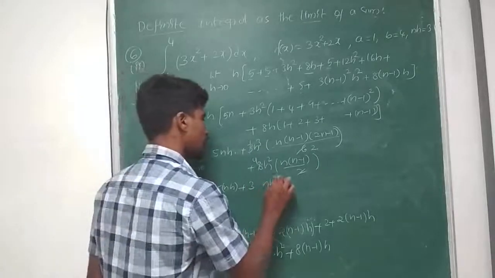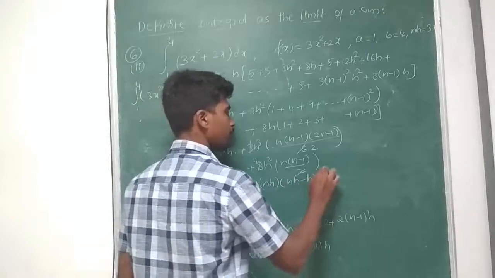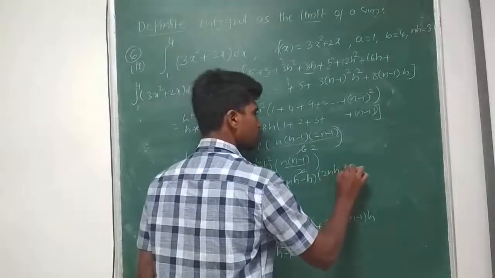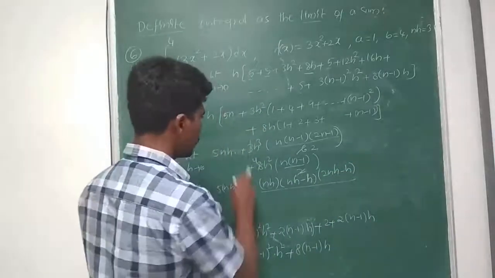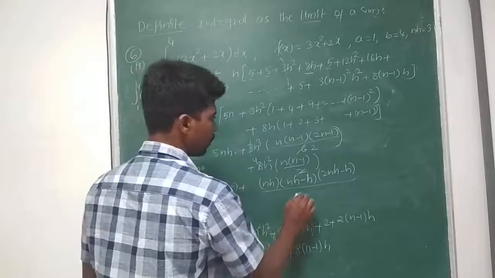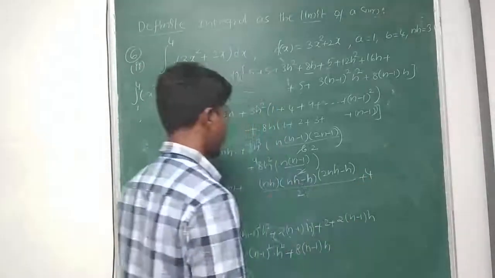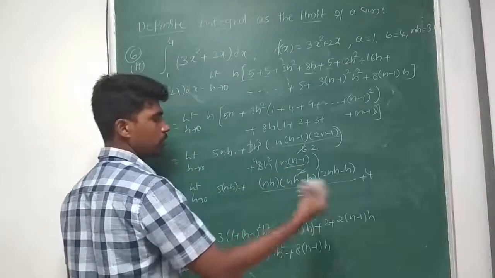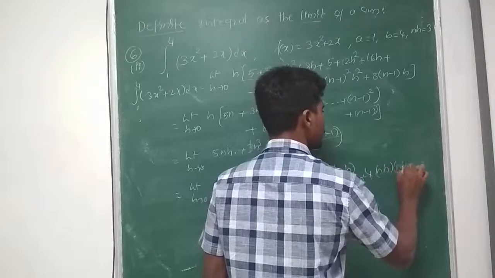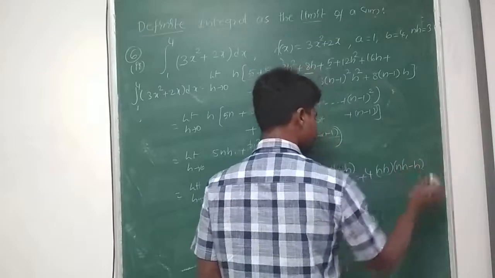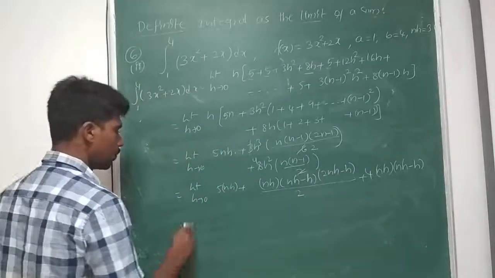So I get nh into (nh minus h) into (2nh minus h) whole divided by 6; the 3 got cancelled, no need to write this 3, by 2 plus 4 into h squared, I have 2 groups, distribute to the two groups, nh into (nh minus h). So now substitute the value and evaluate the limit.